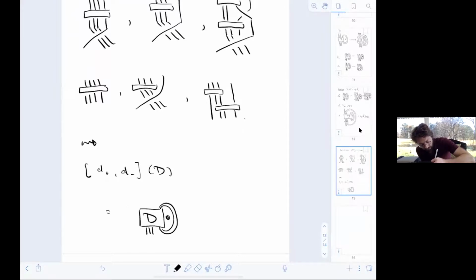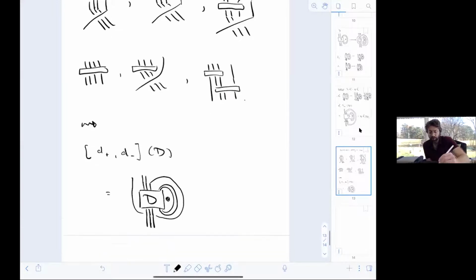So if you take your diagram D, grab the rightmost free strand and wind it around, put it in position 1.